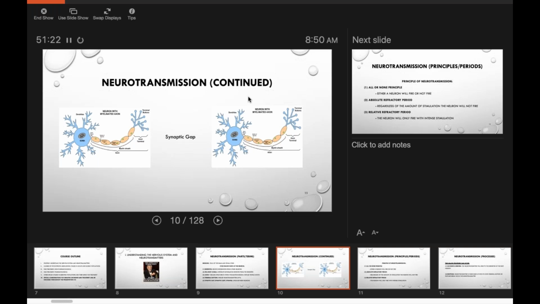Or it's firing too fast, so we need to tell it to slow down. Or the neurotransmitter isn't potent enough or strong enough for whatever the outcome we need to be, so we need to take a med that says, I need you to be more potent. Or it's too potent and we need to take something that's going to say, okay, I need you to be less potent.